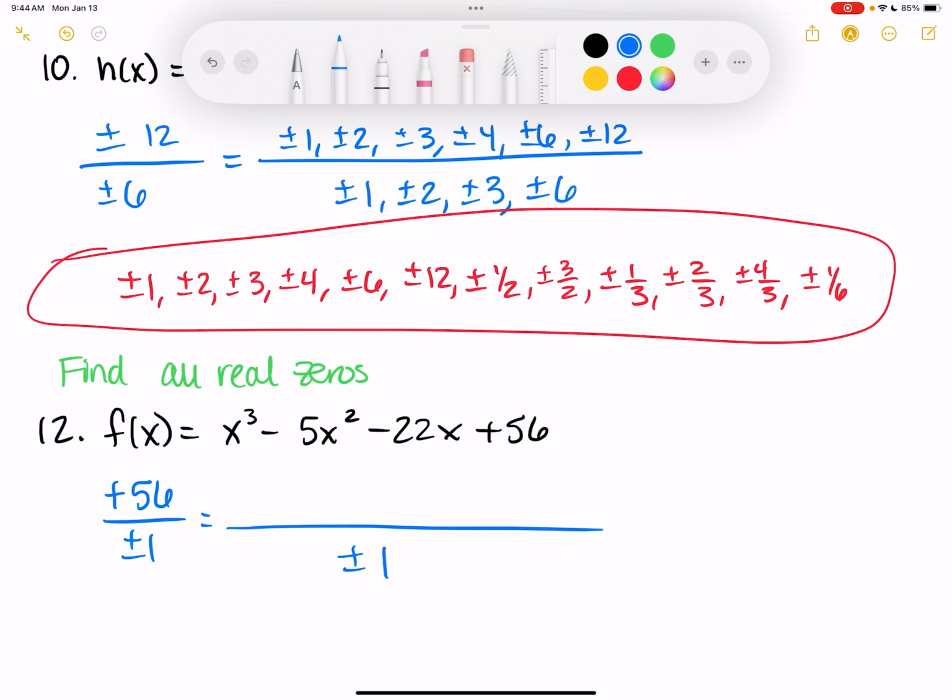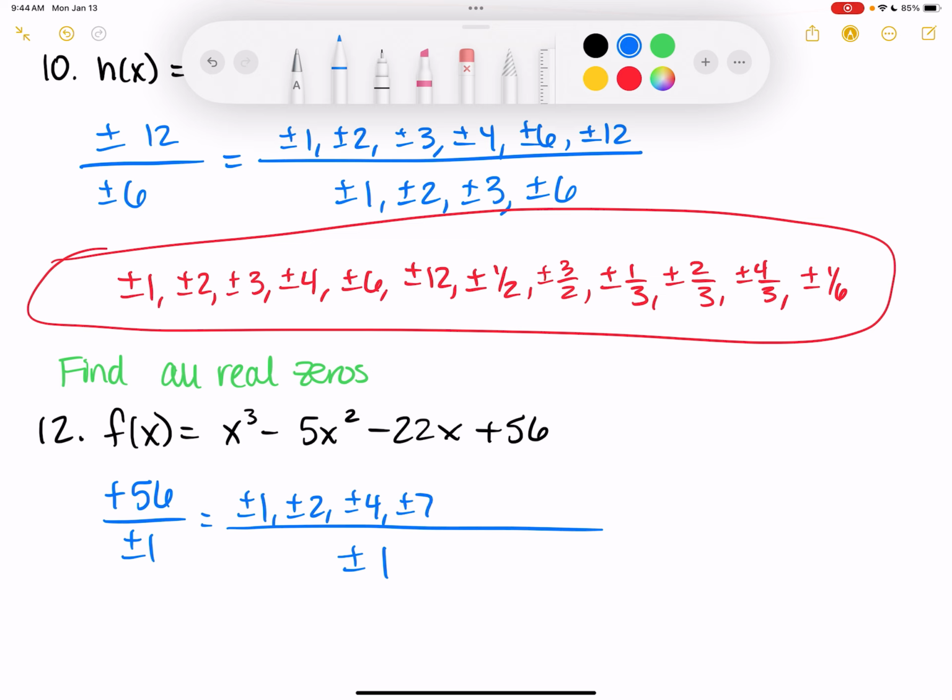All right, factors of 56. 1, 2, 56. 3, that's the only one I know, because 3 can't go into that. 4, 7, because 8, 7, 6. And then we got 8, obviously. 7, obviously.